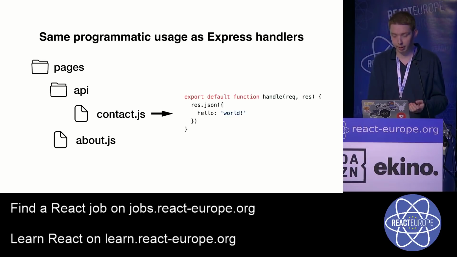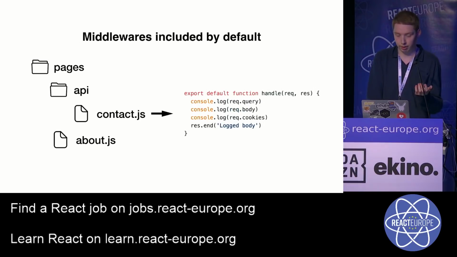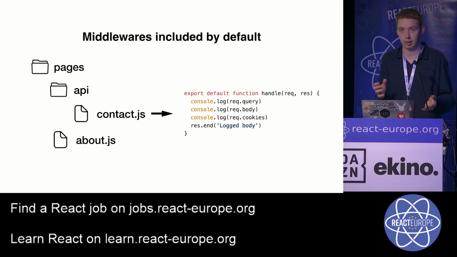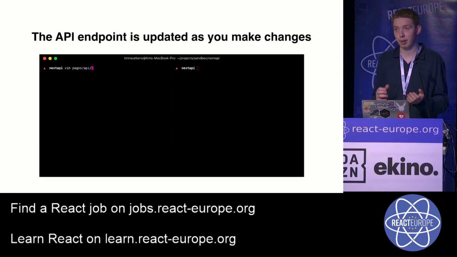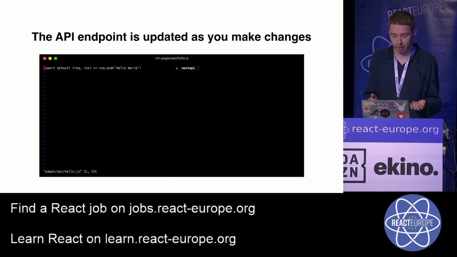And one other thing, which is most people generally build an API which has Express middleware for cookies, for example, or different query strings, or body parsing, that kind of thing. And that is all included out of the box, but you can opt out of it if needed to use another framework, for example. And the API routes are updated as you make changes.